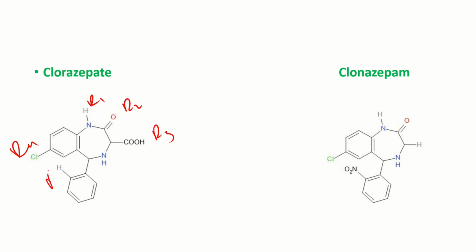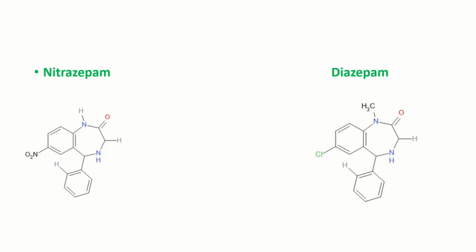In the next structure, R1 contains hydrogen, R2 contains oxygen, R3 contains hydrogen, R4 contains chlorine, and R5 contains an NO2 group, and the structure is called clonazepam. Now in the structure of nitrazepam, R1 contains hydrogen, R2 contains oxygen, R3 contains hydrogen, R4 contains an NO2 group, and R5 contains hydrogen.